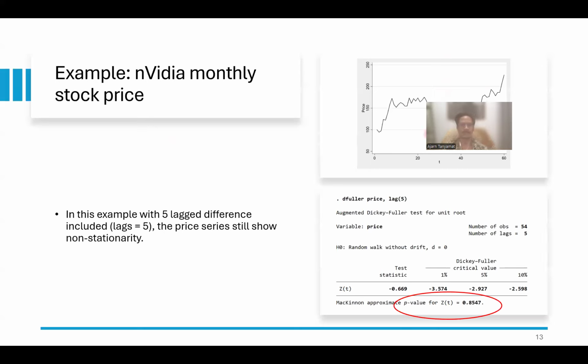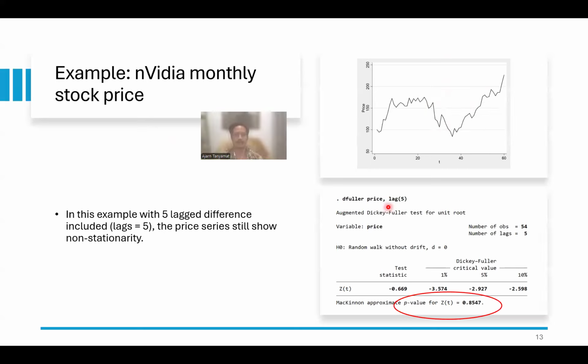Example: NVIDIA monthly stock price. Now, there are some technical issues with choosing the lag order. You can consult other sources; that's not going to be covered in this class. But let's say I pick lag 5. I allow for the stock to come back to the mean, waiting 5 periods. If I allow for 5 months, is it going to come back?